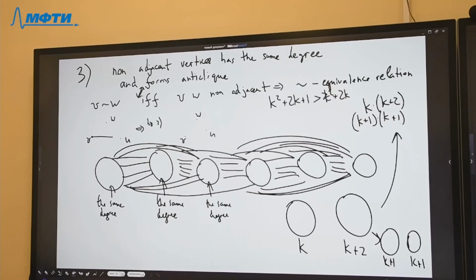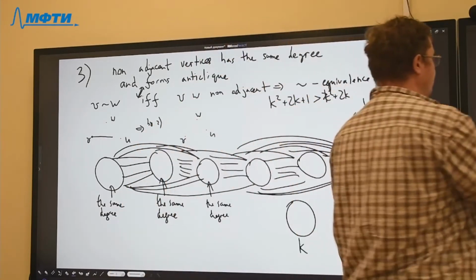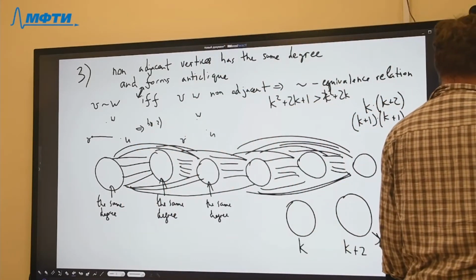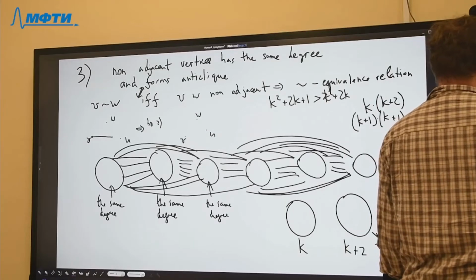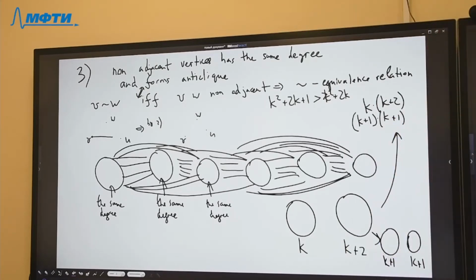And of course, since we have no r plus 1 cliques here, we need the number of parts to be exactly r.